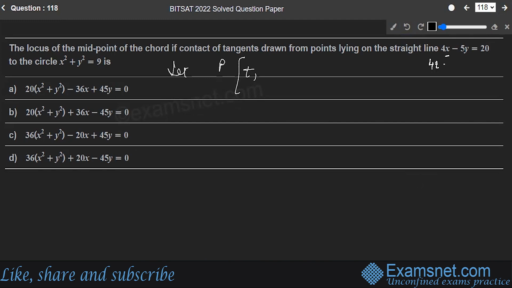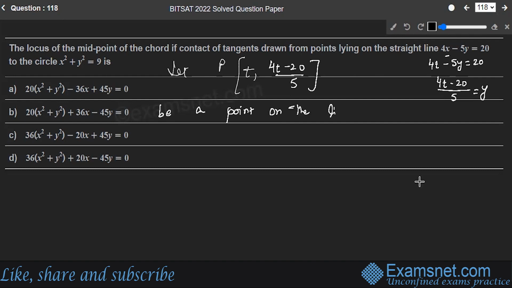So if I'm putting x equal to t, then you have (4t minus 20) upon 5 equal to y. So this will be (4t minus 20) upon 5, a point on the line 4x minus 5y is equal to 20.